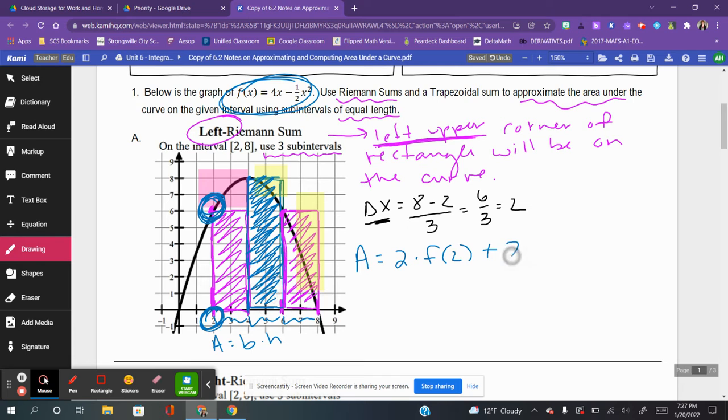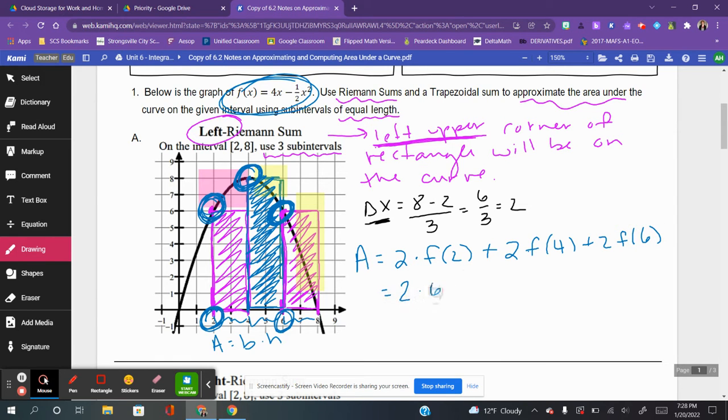So again, width of 2 times, and in order to get the height of that rectangle, I have to evaluate my function at 4, because 4 is the x value that matches that left corner. And plus base of 2 times f of, well, this corner right here goes with an x value of 6, so f of 6.